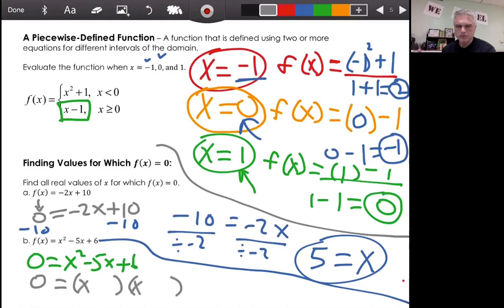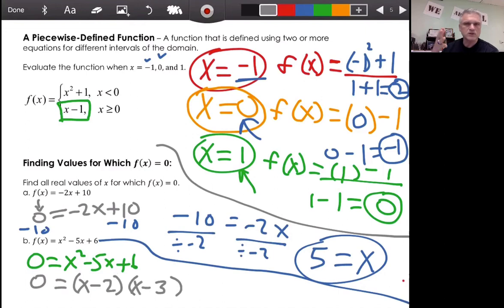Two numbers that multiply to 6, but add to negative 5. Well, if it's multiplying to a positive, it's got to be either plus, plus, or minus, minus, but they've got to add to negative 5. So I'm going to go with negative 2 and negative 3. Okay. Negative 2 times negative 3 is 6.